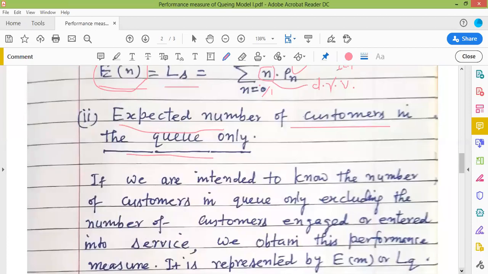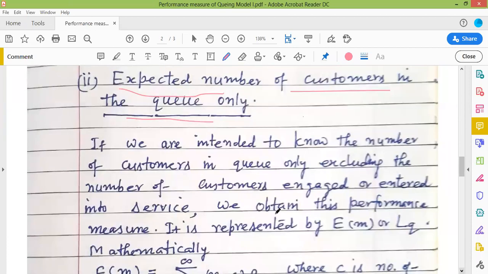So if we want to know the number of customers in the queue, exclusive of service, excluding the number of customers engaged or entered into service, we obtain this performance measure.